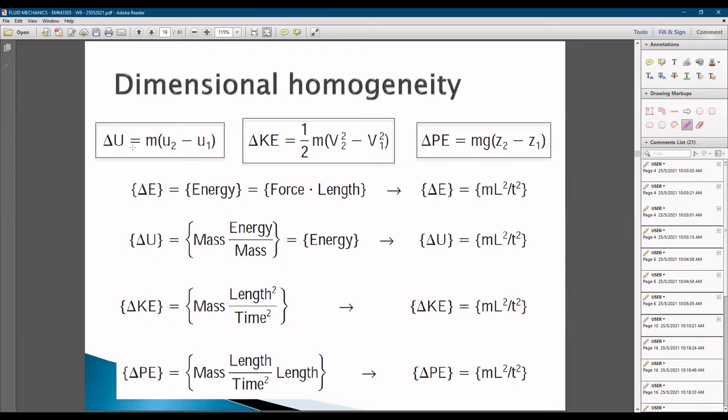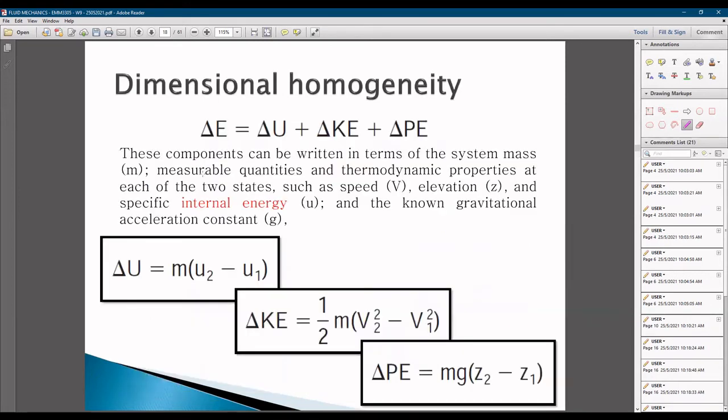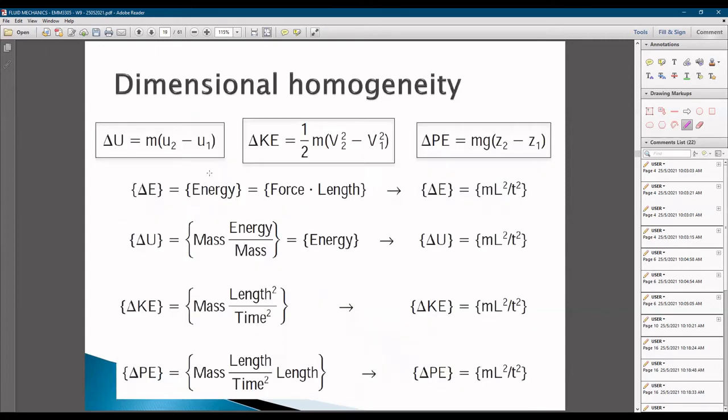For the energy itself, we start with the total energy. We have force times the length, and the unit is this, right? Then we move on to this part.